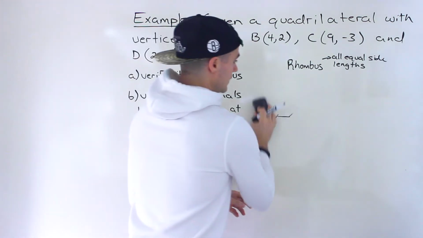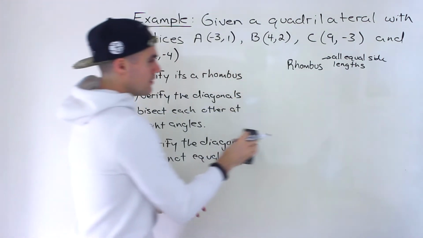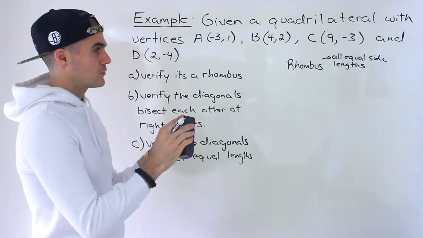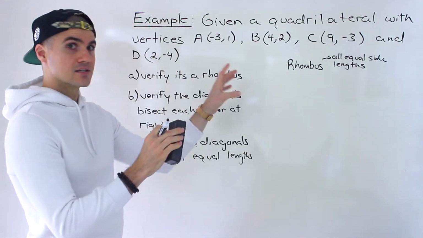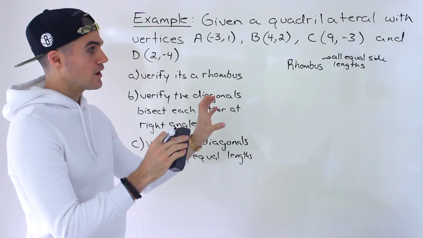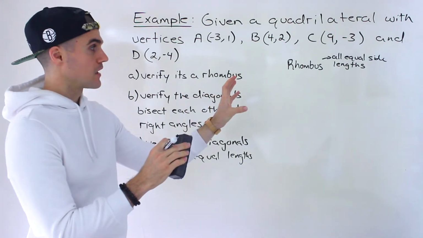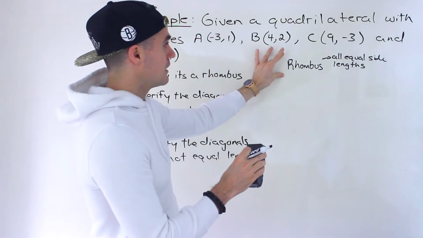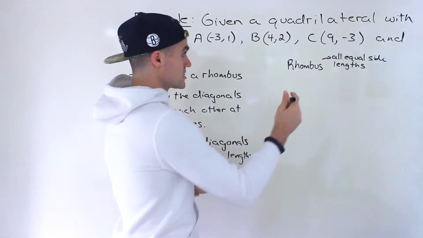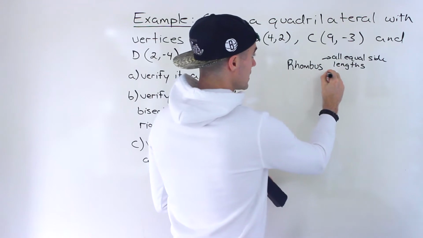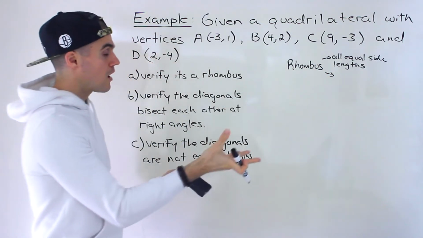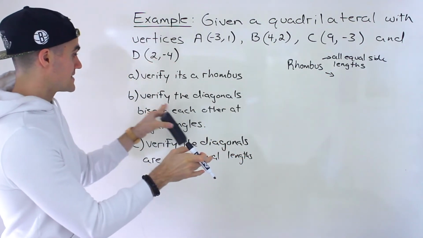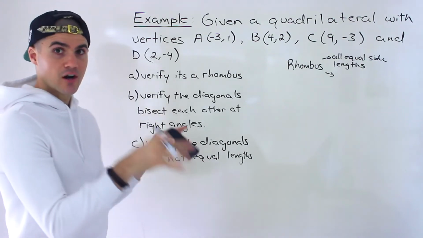Now, here's where there can be a little bit of confusion when dealing with a rhombus and squares, because a square is actually a particular case of a rhombus. So staying here in the general rhombus properties, another property of a rhombus is that the diagonals are going to bisect each other at right angles.